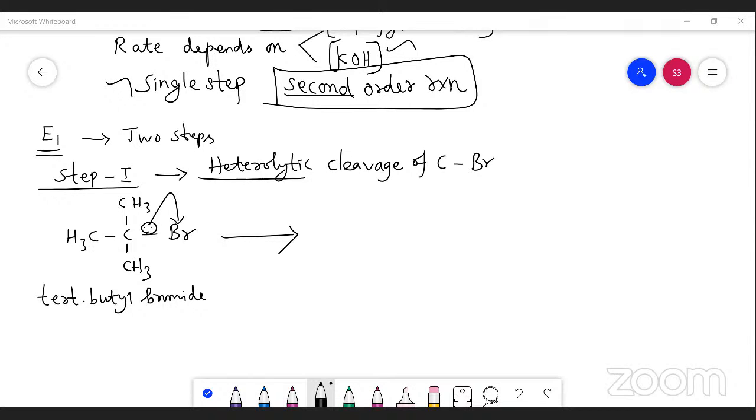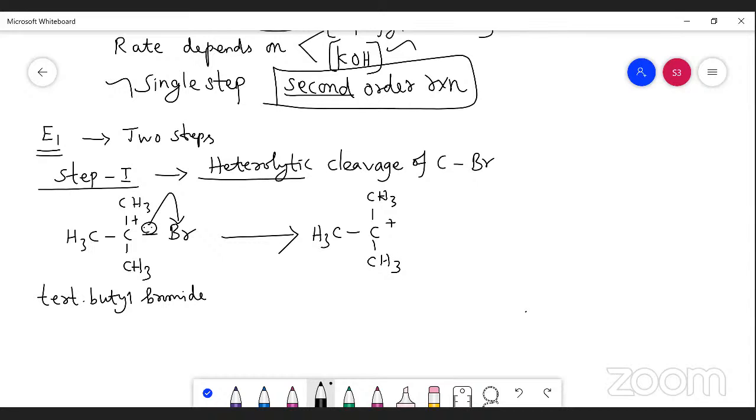Tertiary butyl bromide. Now what happened? In tertiary butyl bromide, when you do heterolytic cleavage, Br becomes Br minus and C becomes C plus. So here CH3, C plus, CH3, CH3.